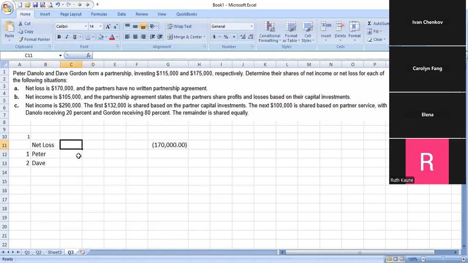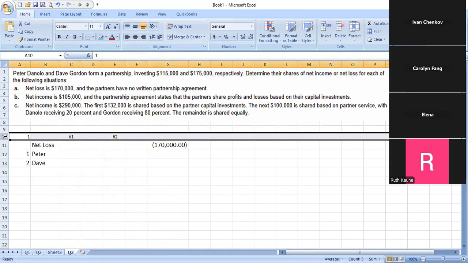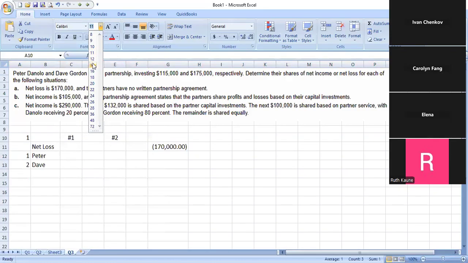Again, here number 1 and number 2. And now I have pretty much my Excel spreadsheet that I want for allocation. In this case, there's no written agreement. What does that mean? The loss is shared equally.